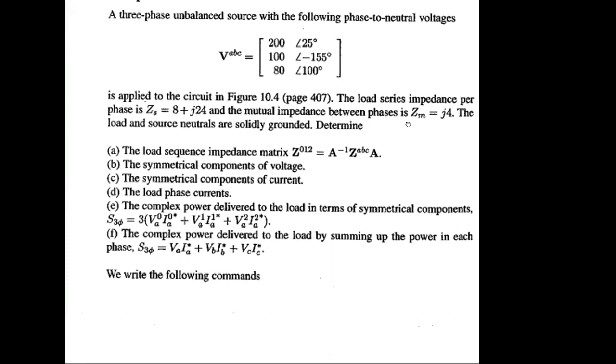If it is there, it should be mentioned, and it will be different from the solid ground information. Try to check the problem statement. So if you have these as well as ZS, ZM, Zn, find Z012 and give that response in the chat box.